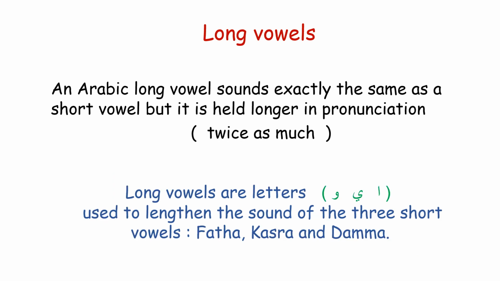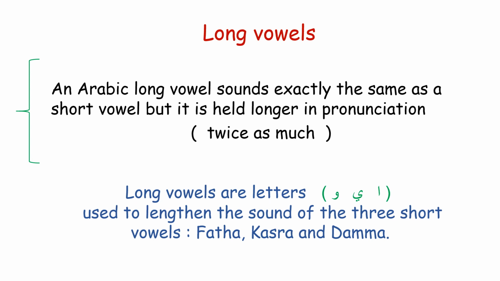That's number one. Number two, the elongation sound should be held twice as much as the short vowel sound. That's basically all what we need to know in order to solve this exercise.